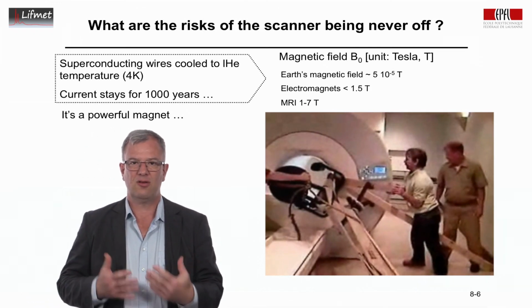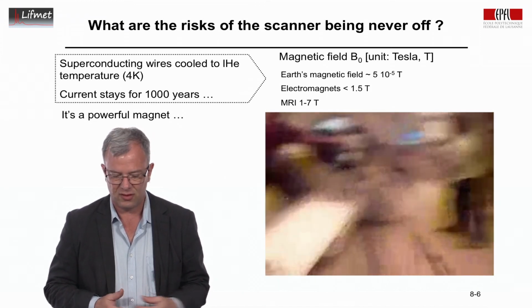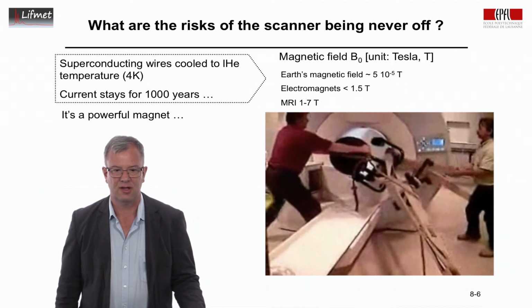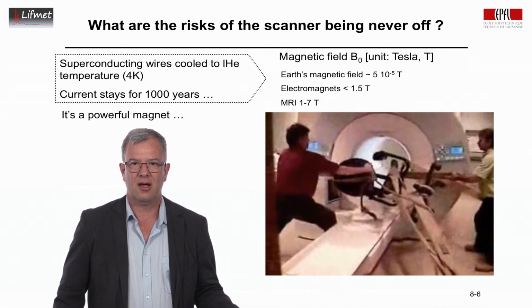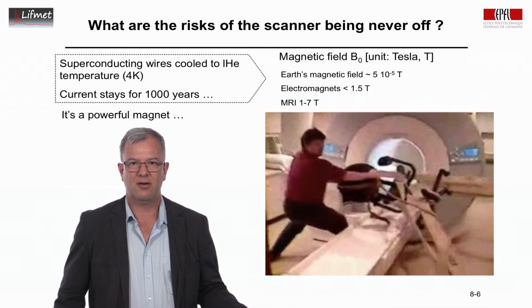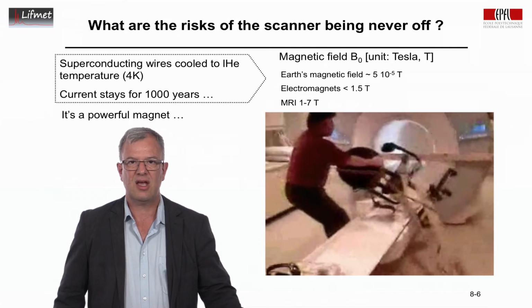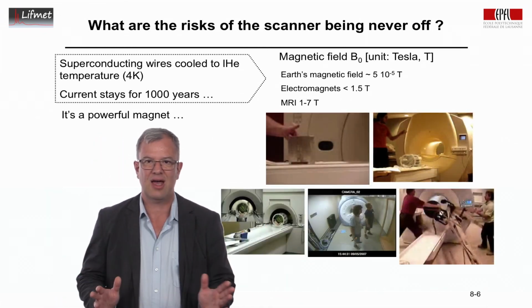Once one is away from where the magnetic field varies a lot, this force is substantially reduced, and we have less to consider. It really is a matter of the vicinity of the magnet, where the magnetic field changes very strongly. So this is a danger of MRI scanners.